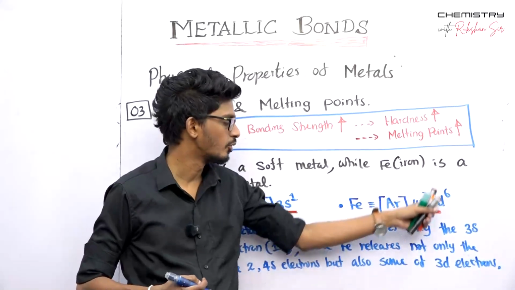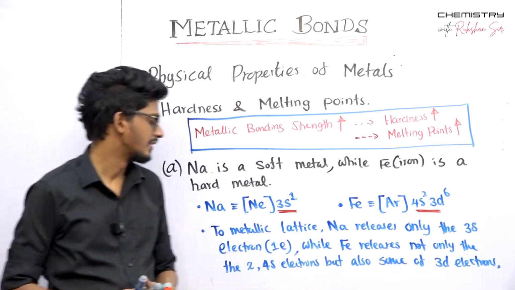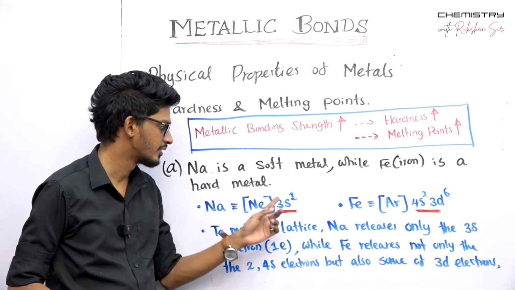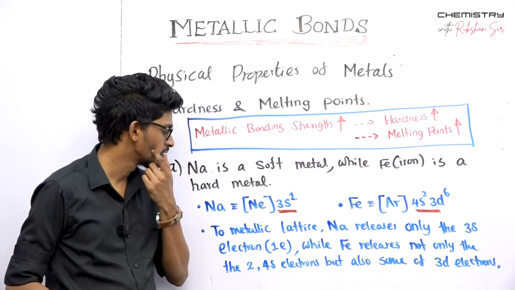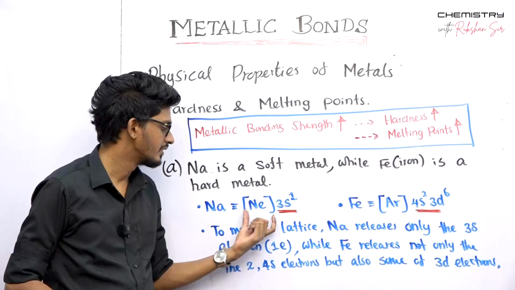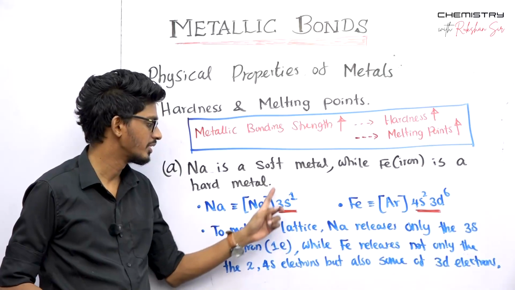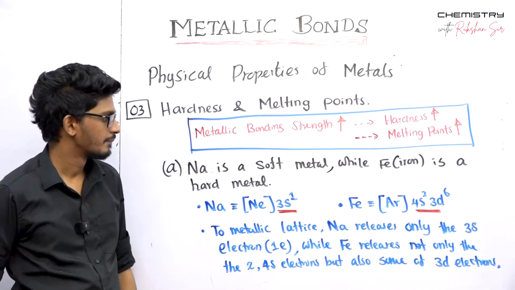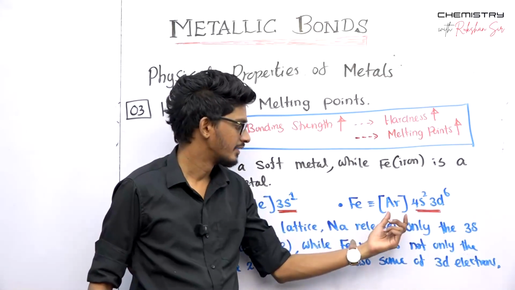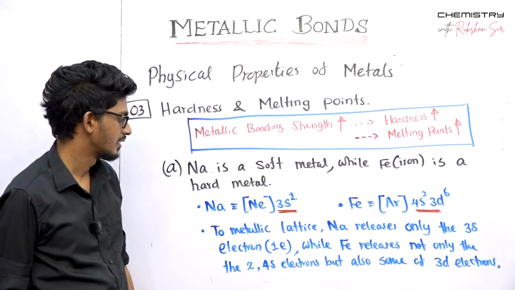So iron can release more electrons. But for sodium, after releasing the first electron, it reaches the noble gas configuration, so it does not release electrons any further. So sodium releases only one electron to the electron sea, but iron releases more.